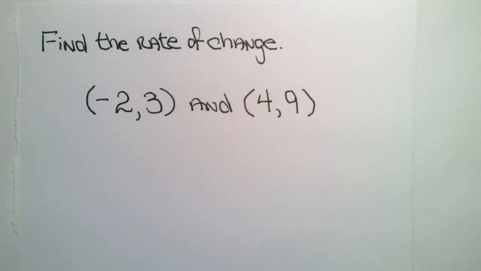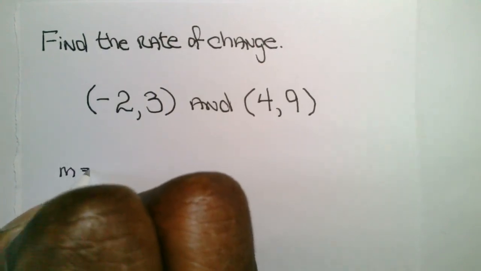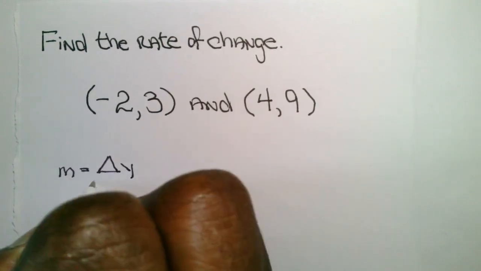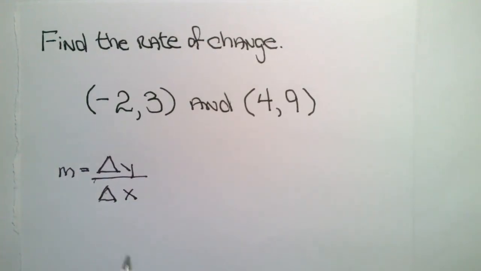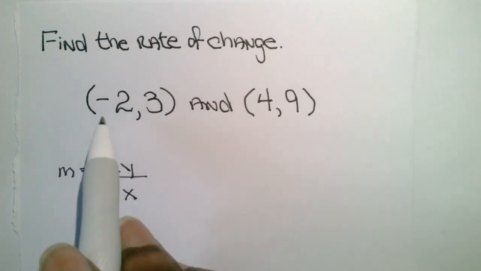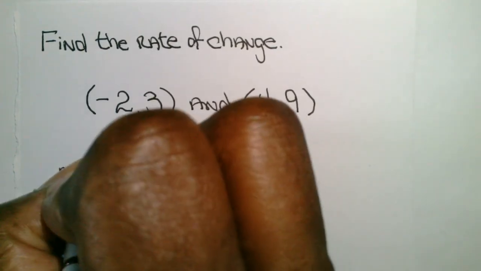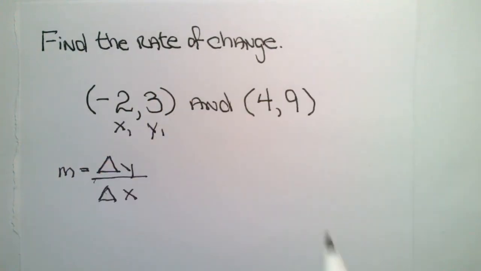All right. So, rate of change is basically another way of saying slope. So your slope is your change of y's over your change of x. Okay? The triangle is a Greek letter meaning delta. Okay? Meaning our change. Since I read from left to right, since this is the first point, I'm going to label it as my x sub 1 and my y sub 1.